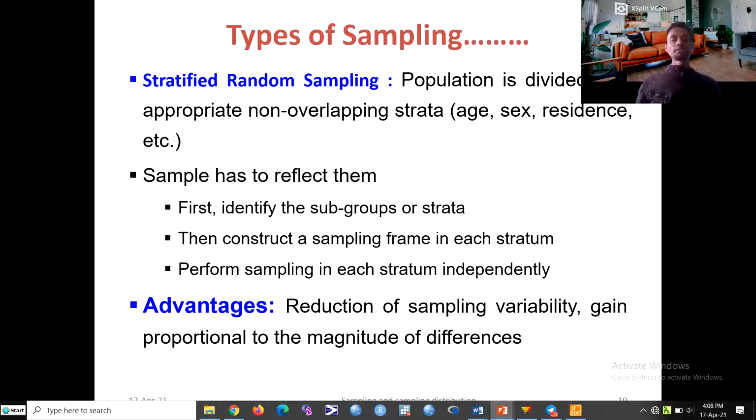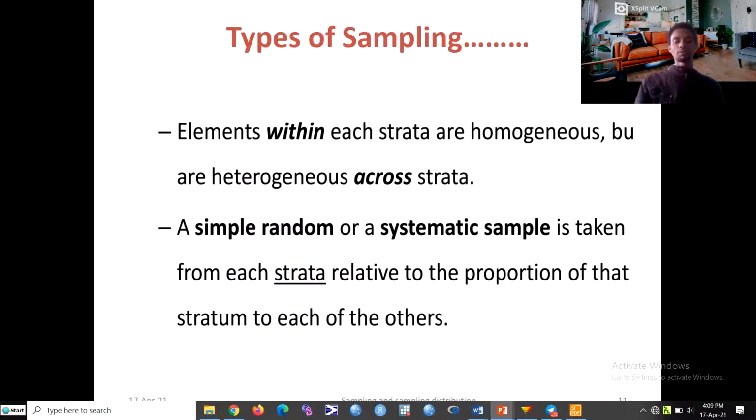Yes, for a small number of females and a high number of males, I may take a proportional sample, and I may not have to allocate equal sample size for the two genders, for example, and then I will reduce the sampling variability. So this is one advantage.